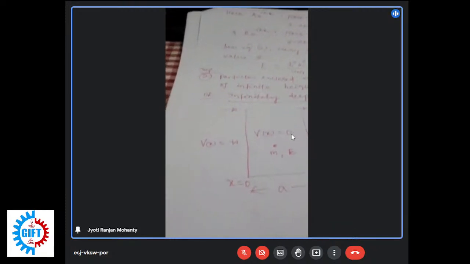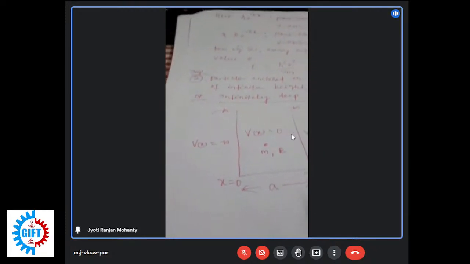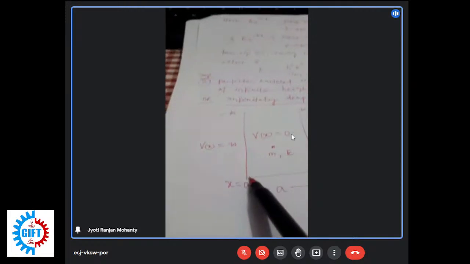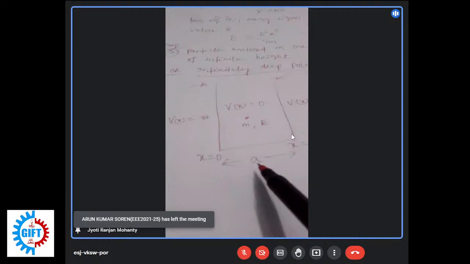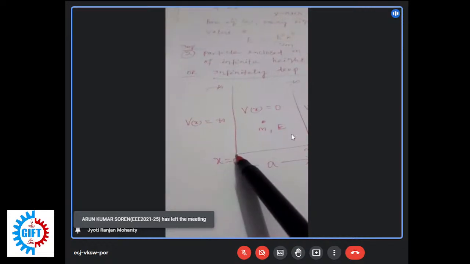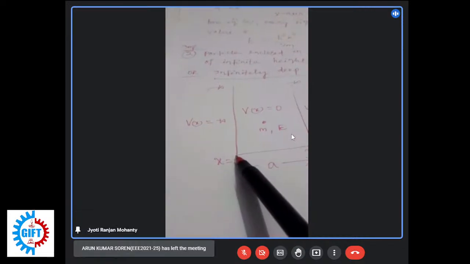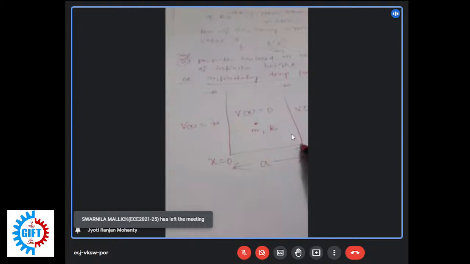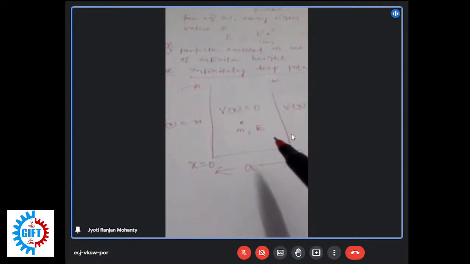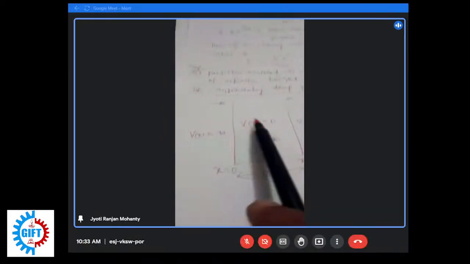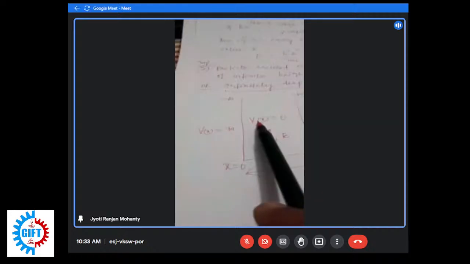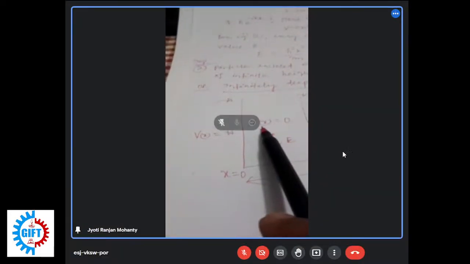When you make the potential box having infinite height, what is the width of the box? The width of the box will be a. So this is the origin, x is equal to 0, and x is equal to a. But the important thing is, inside the potential box, the potential energy is equal to 0.